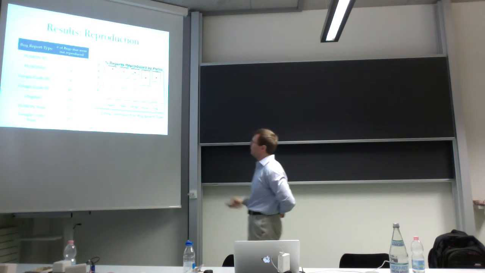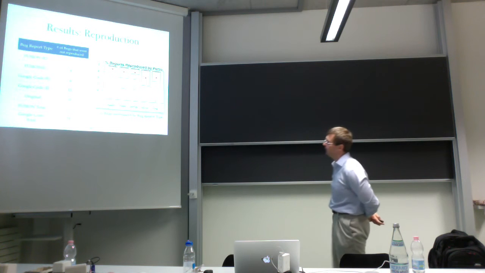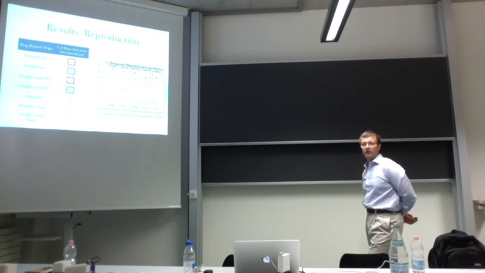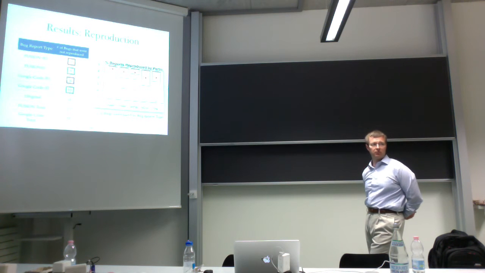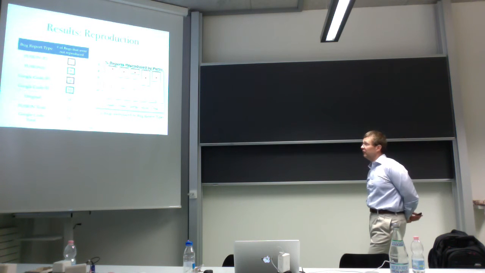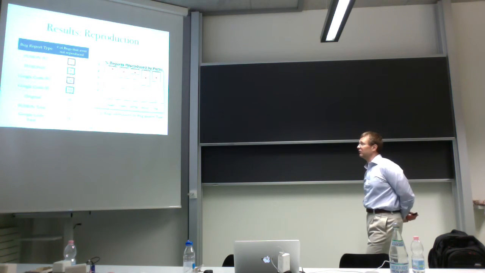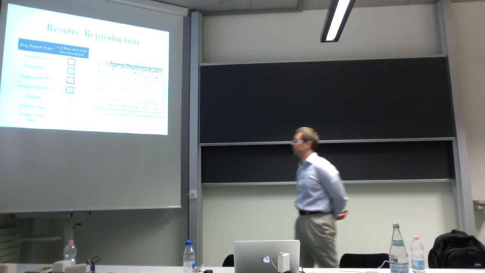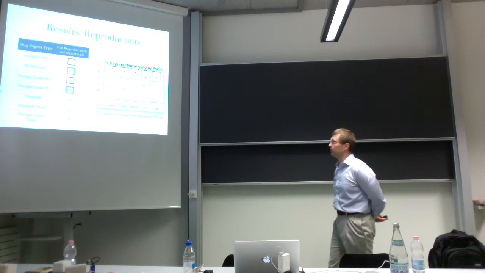Okay? And this is a number of bug reports that we were not able to reproduce. Okay? So what you can immediately spot here is that with Google Code we had much more bug reports that we were not able to reproduce due to some ambiguity or missing steps to reproduce, or some other missing information. And of course, we also had some bug reports which were not able to reproduce, which were original bug reports.